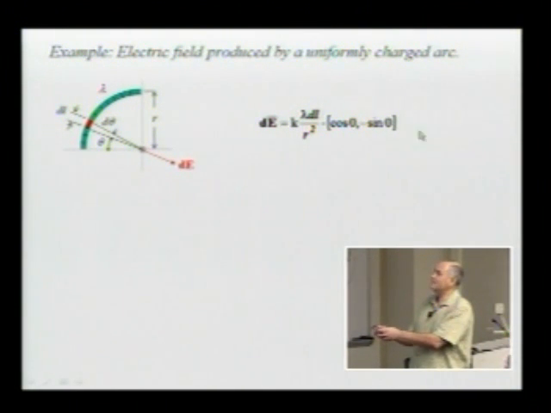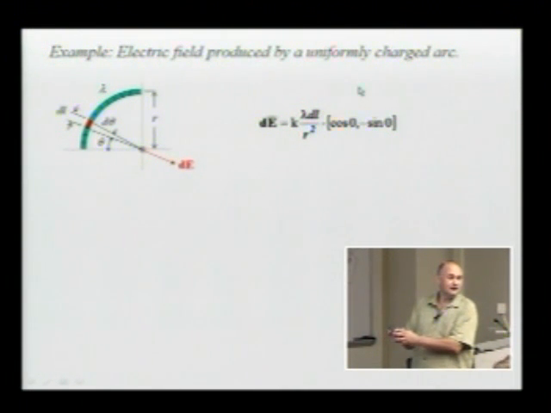All right, now what is this? These two numbers, cosine theta and minus sine theta, are scalar components of an appropriate vector. And what vector do I need there? A unit vector from the source, or from the differential fragment, toward the point of interest.